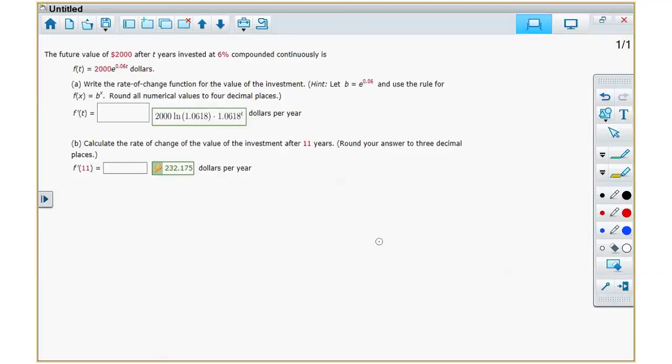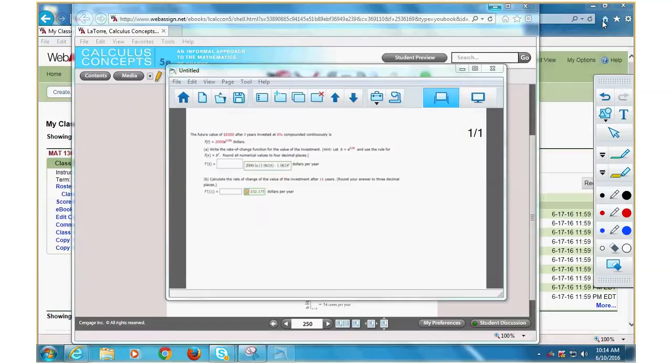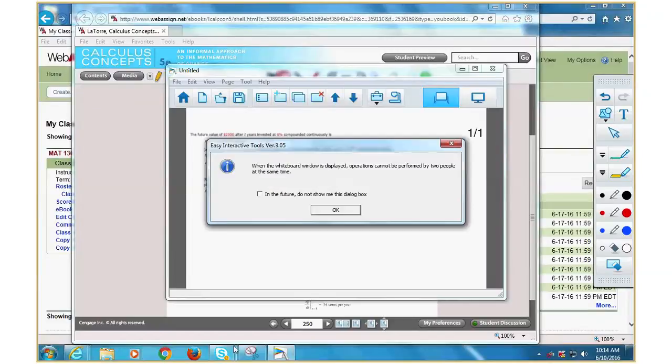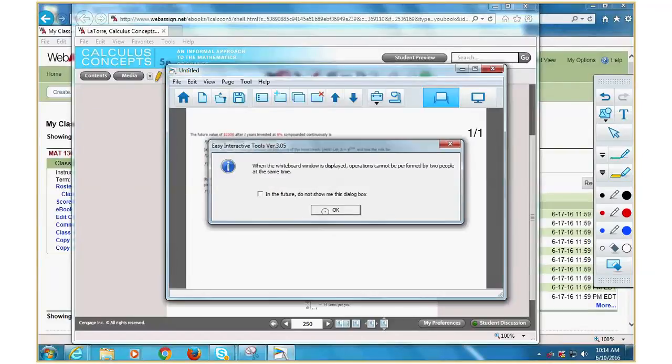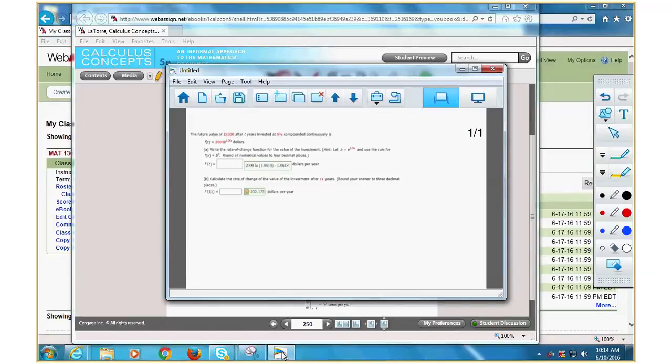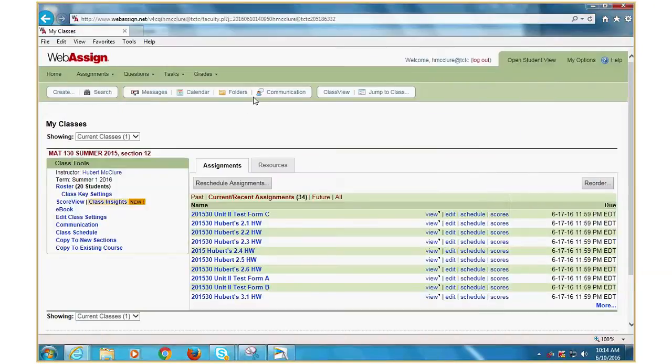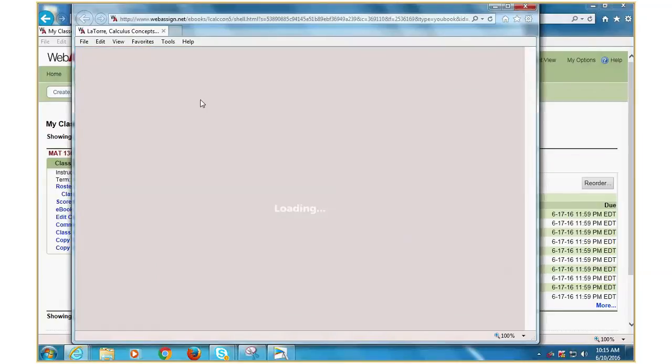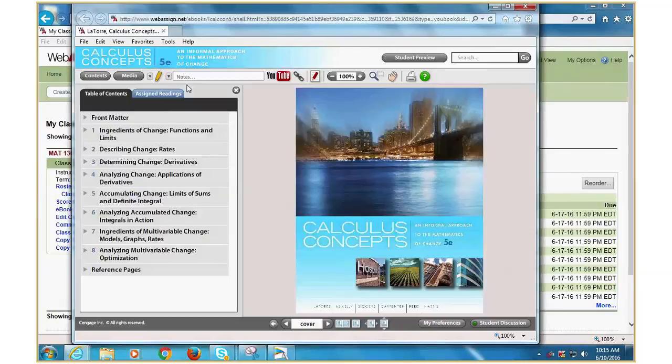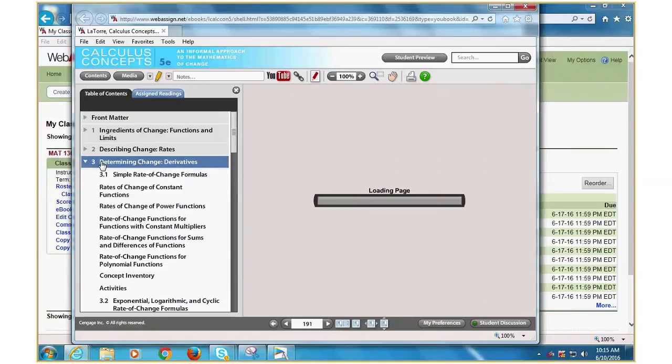Okay, now if you remember, hold on, let me go back. If you remember from the other day, this is 3.2, right? 3.2. I gave you the rule.